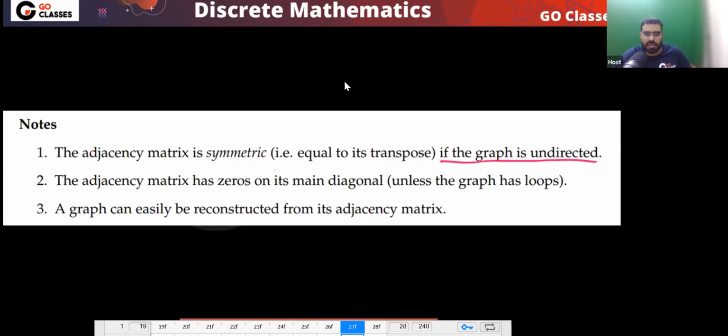Second, if you don't have any self loops in the graph, then the main diagonal entries will be zeros. Similarly, if I give you an adjacency matrix, then you can create a graph. So the graph can be reconstructed from the adjacency matrix.